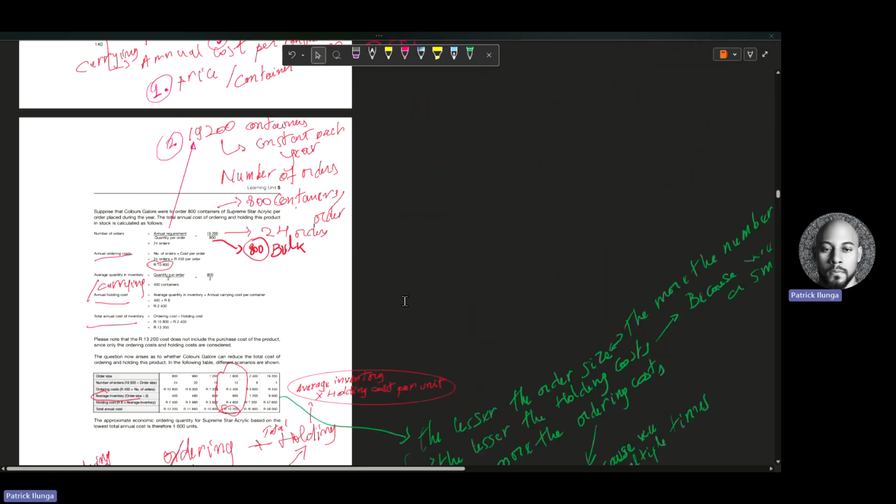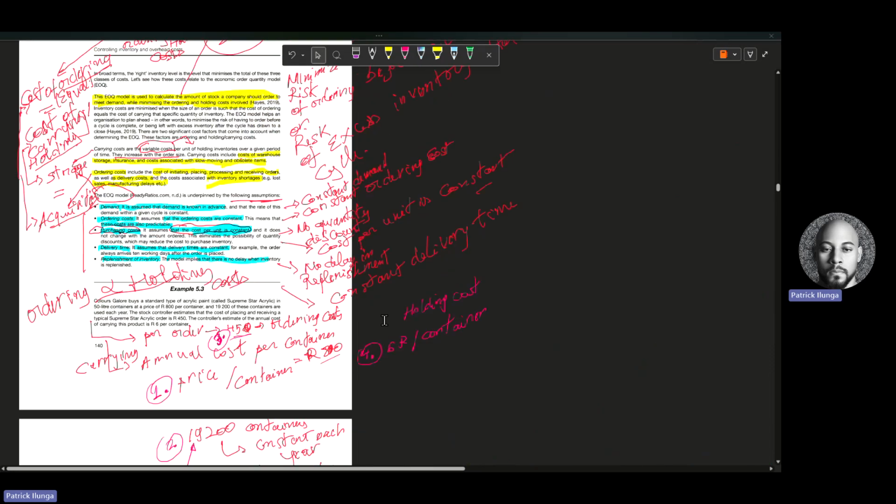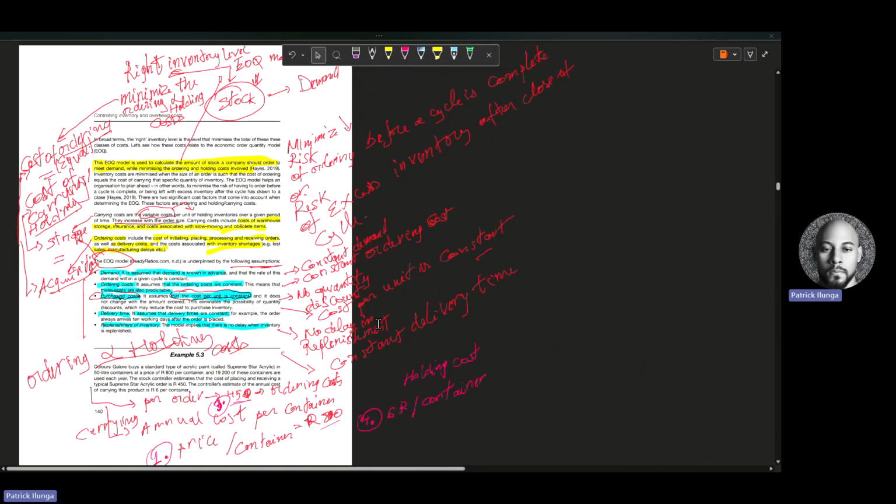All right. So now we are going to go into a bit of formula, but before we get there, I know I've put quite a lot of writing. I'm just trying to draw your attention, when you're reading your textbook, to some important things. Remember that the EOQ is an economic model, right?